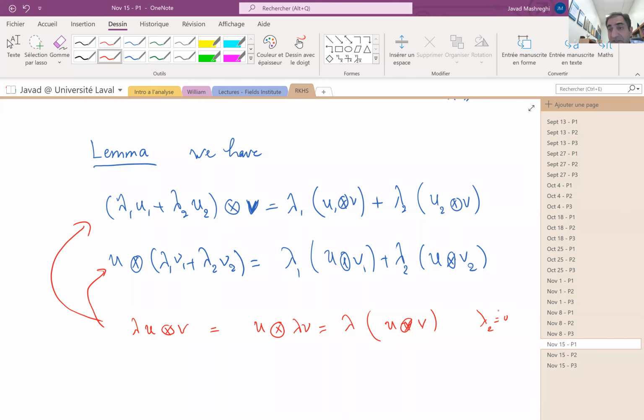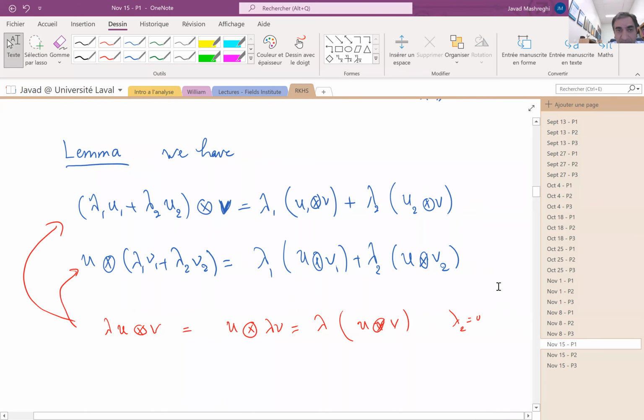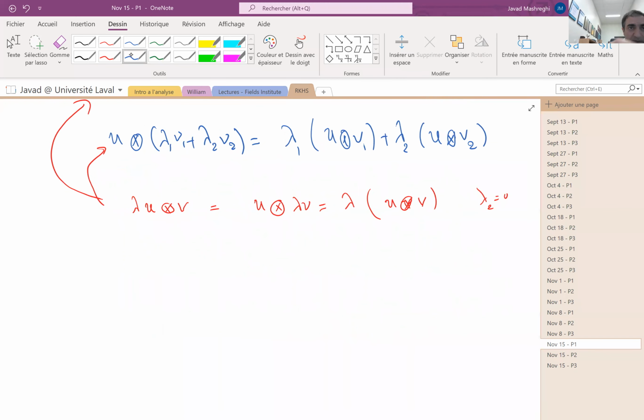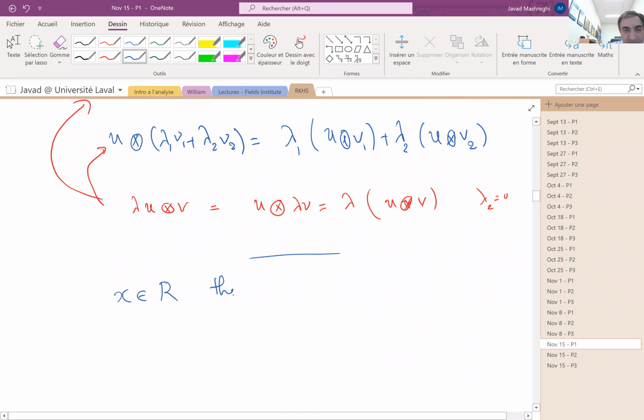The proof is very easy. The proof is based on the fact that in any quotient space, if you have X in R, then the coset created by X, X plus R or X mod R like this, is the same as 0.